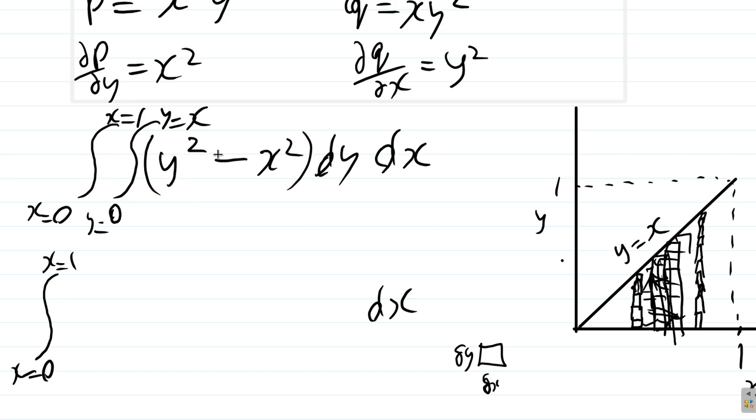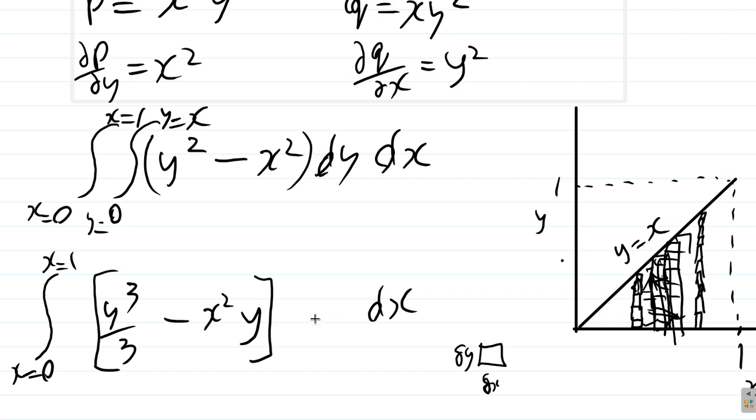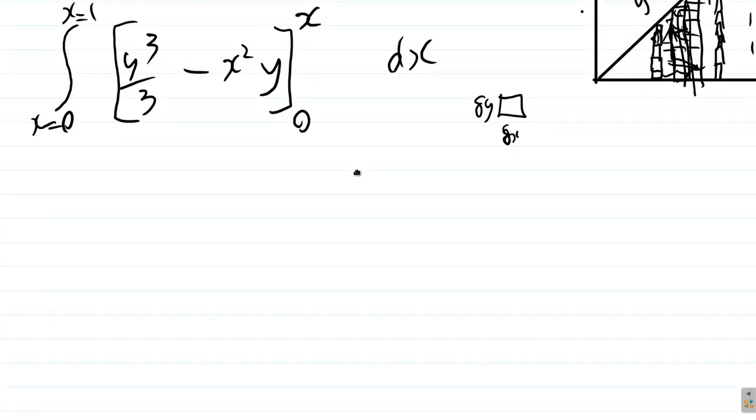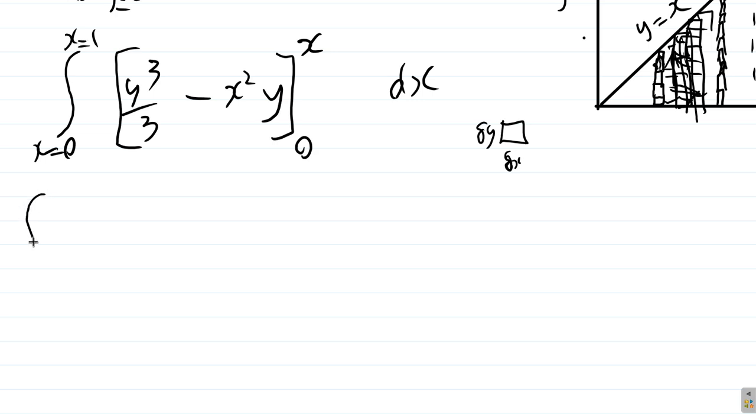When you integrate y squared with respect to y, you get y cubed over 3, minus, when you integrate x squared with respect to y, you get x squared y, because remember you're treating x as a constant for now. Going from y equals 0 to y equals x.